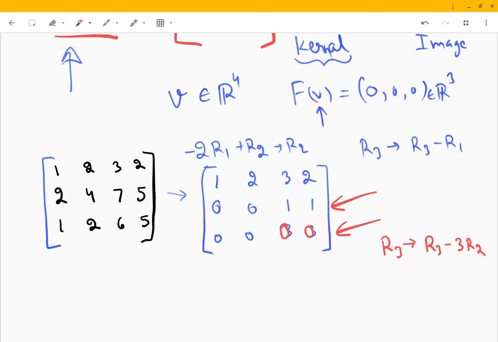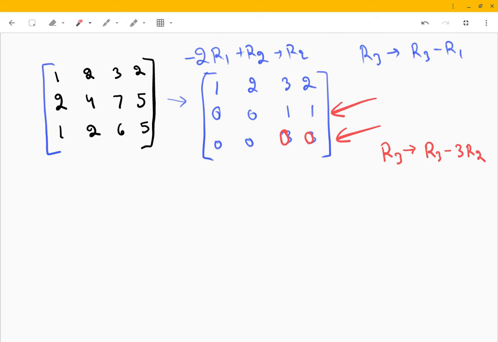So what happened to our transformation matrix, which had vectors from the domain? We got two pivots. As we have discussed earlier, x and z are the pivots, and y and t are free variables.